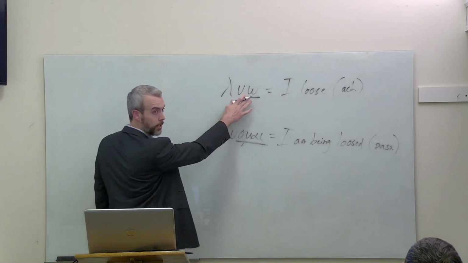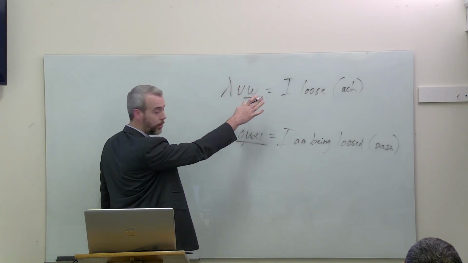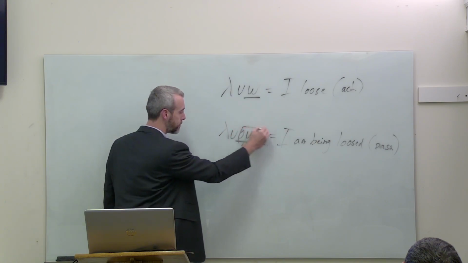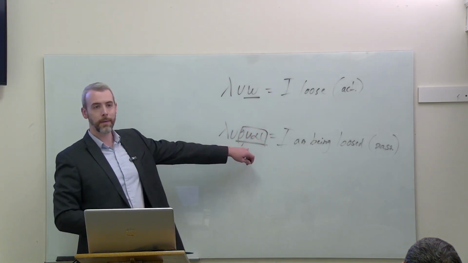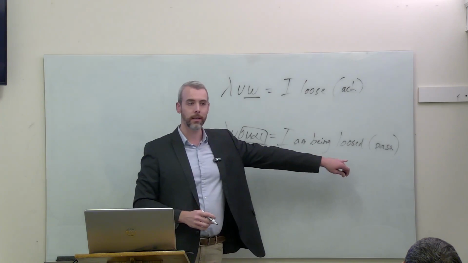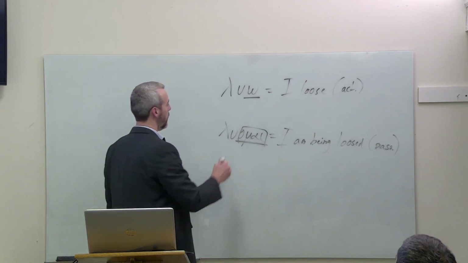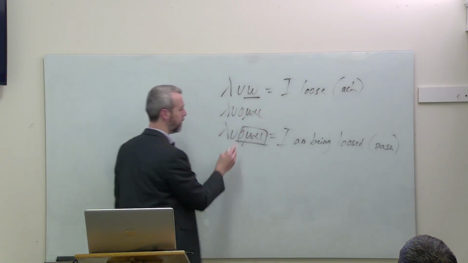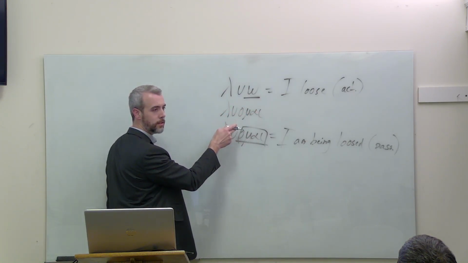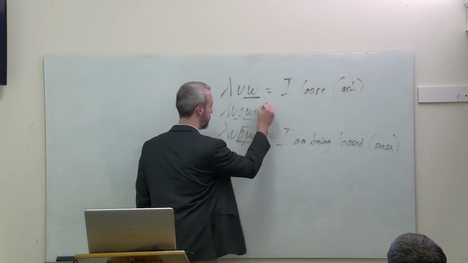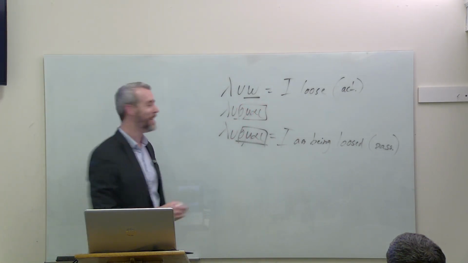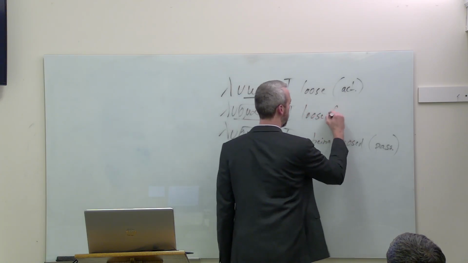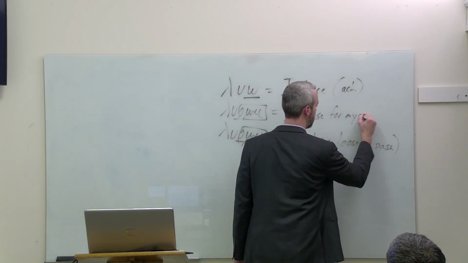I'm just showing you that you have an ending here for the active, I loose, or I am loosing, and you have another ending which shows that it is passive. I am being loosed. Now, does that look similar? It's because it's identical in form, but this is actually the middle form as well in Greek. And it's I loose for myself.